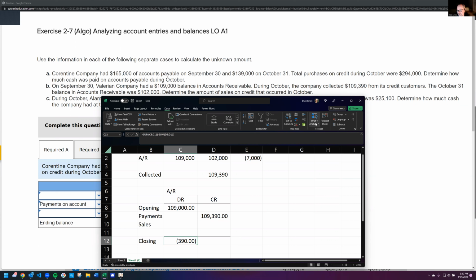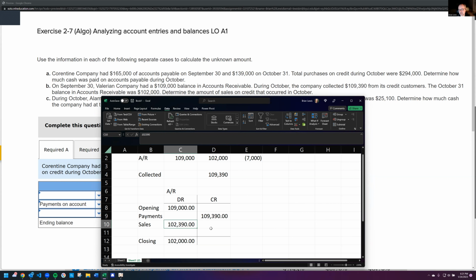So the easiest way is to go to What-If, Goal Seek, set it to a value and make it the 102. And change the value here, which is sales, the debit side, because it increases the balance, and let my Excel do the magic. And so the sales should be 102,390.